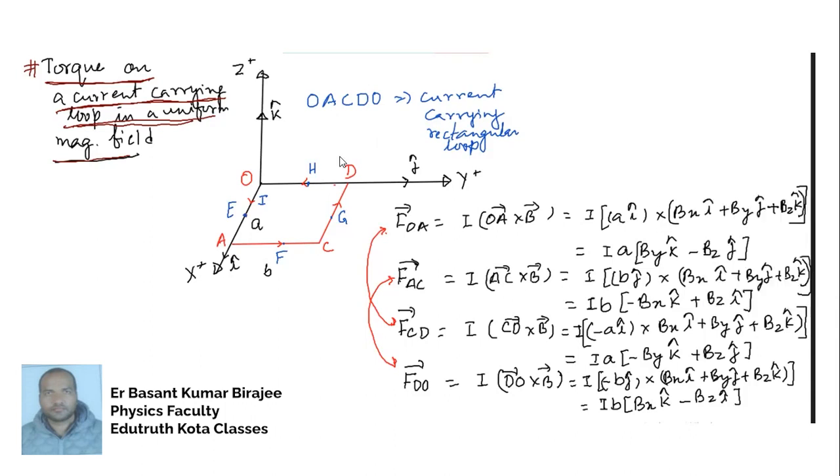So this rectangular current carrying loop, see, one side is A, another side is B. It carries a current I, and it is placed in a region in which you have a magnetic field.